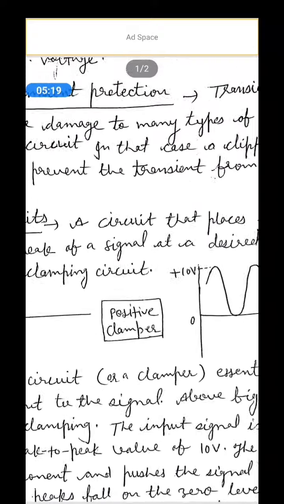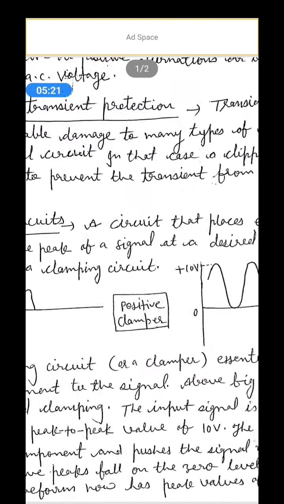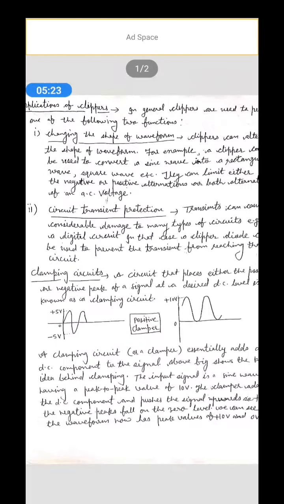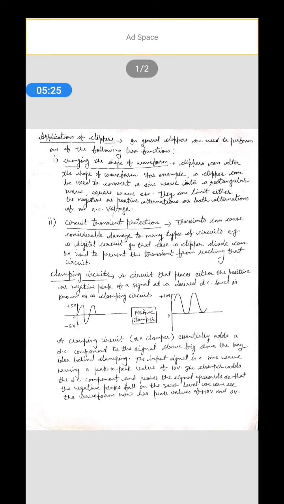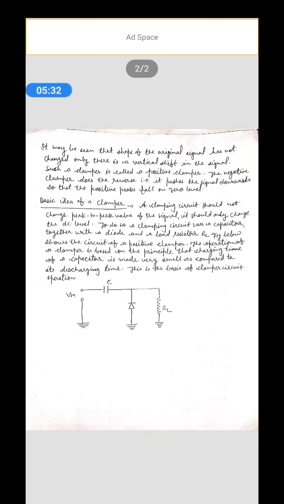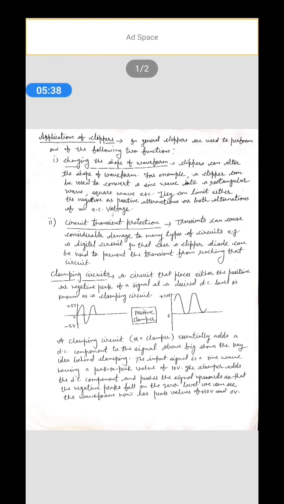This is representing the positive clamper, and it shifts the signal upwards so that the negative peaks fall on the zero level.